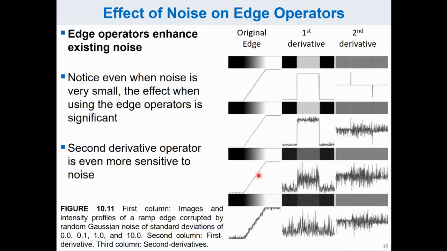If we have the image corrupted by Gaussian noise with standard deviation of 1, and we look at the intensity profile, the noise becomes clearer over here. Look at the first derivative, how it's looking, and then the second derivative. Now we start to see that the first and the second derivative are very, very hard to work with. Now, if we add Gaussian noise with standard deviation of 10, then this is a really, really noisy image, and you really can't do edge detection on that.